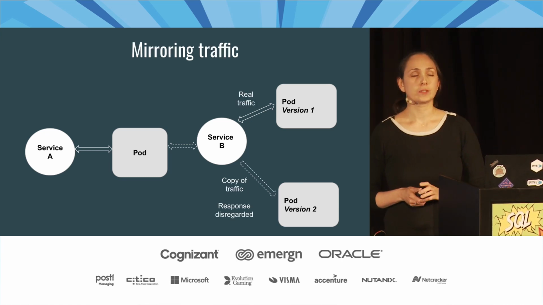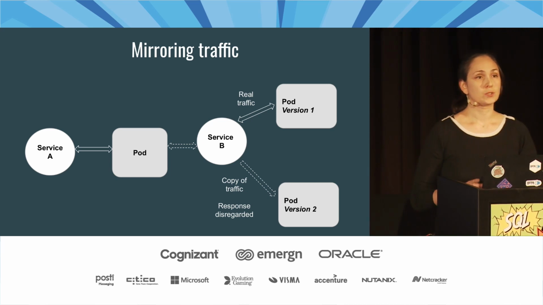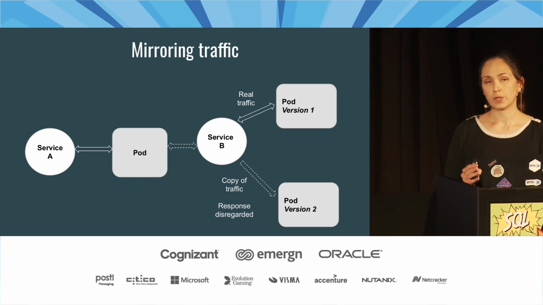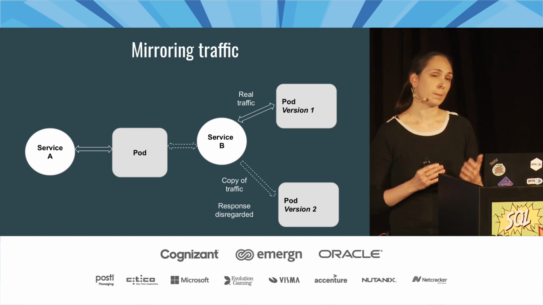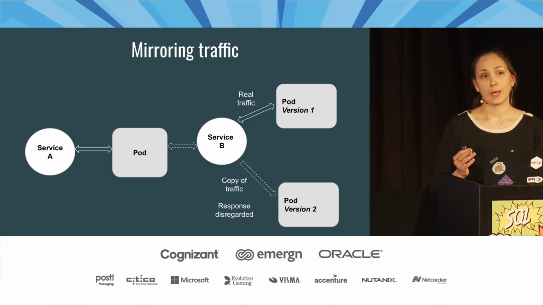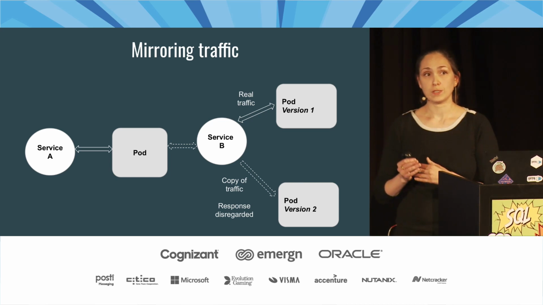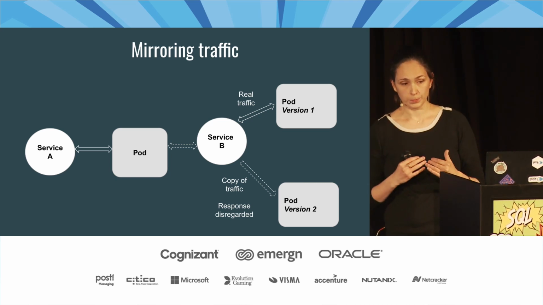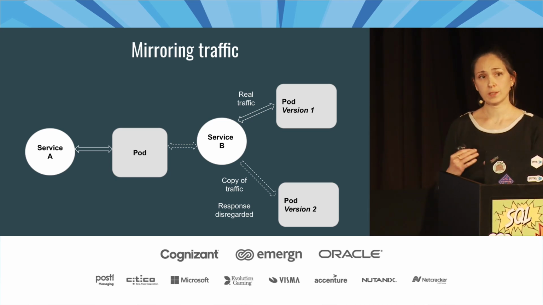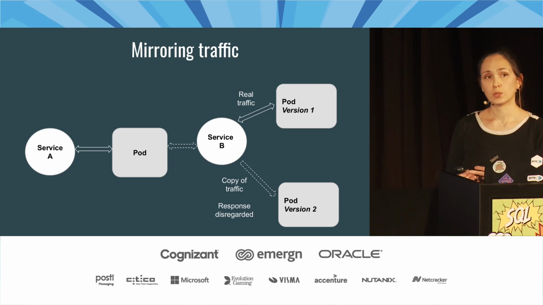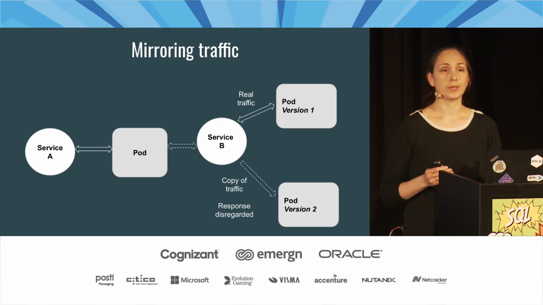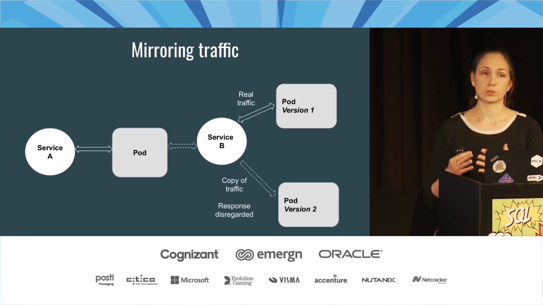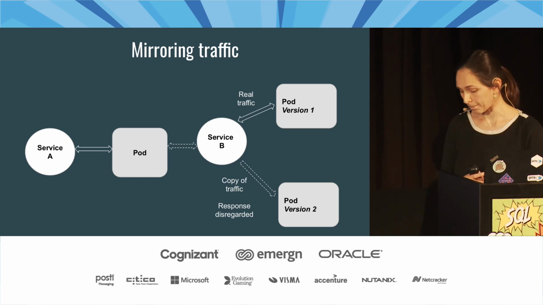Mirroring traffic is an interesting feature because it allows us not to shift any part of the real traffic, and all the real traffic continues to go to the current version, but still test a new version. What happens is that all the real traffic is copied by Istio and sent to a new version. And Istio is also taking care of disregarding the response and not sending it back to the caller from the mirror traffic, so the caller will not receive everything twice.